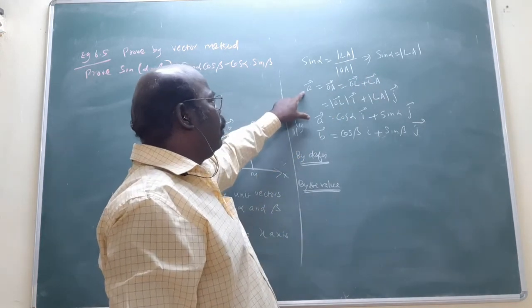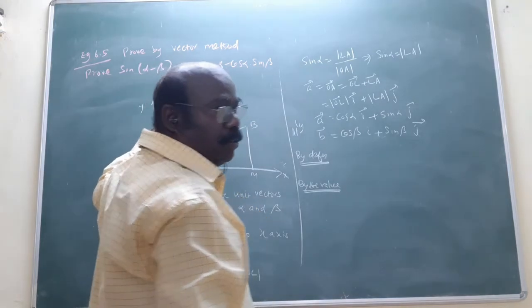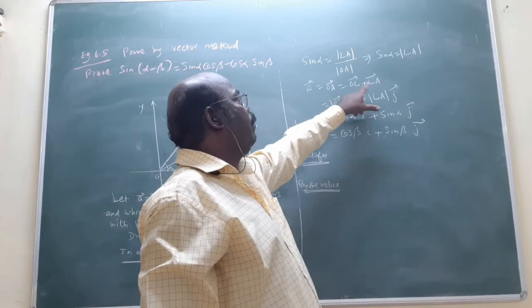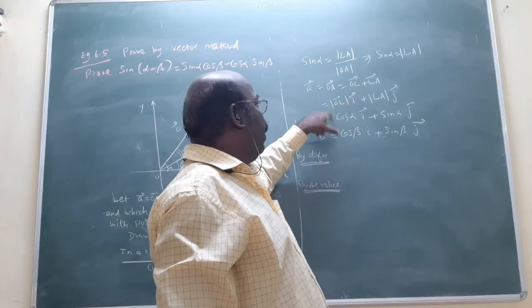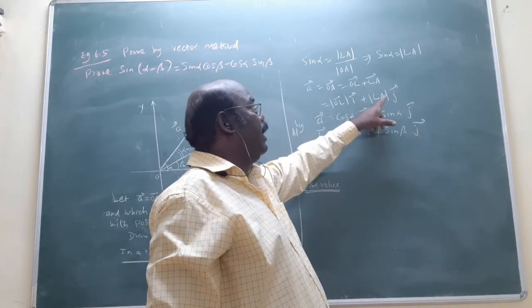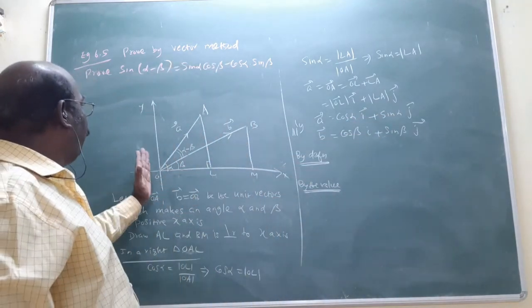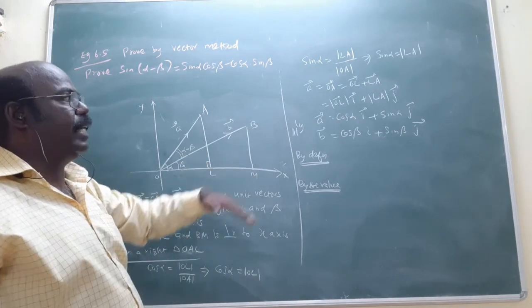Now small a equal to OA, by vector addition from the diagram. OA can be written as OL plus LA. OL is modulus of OL into i vector, next modulus of LA into j vector, because LA is in the Y direction, that's a j vector, and OL is along the X axis, that is i vector.